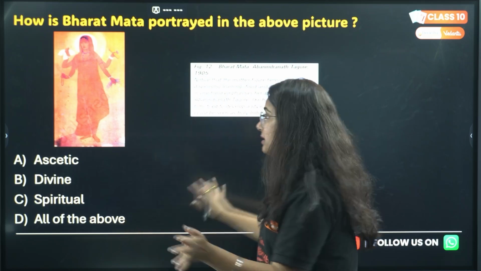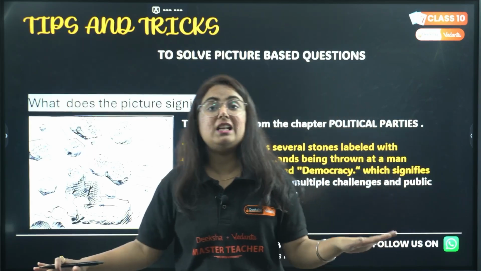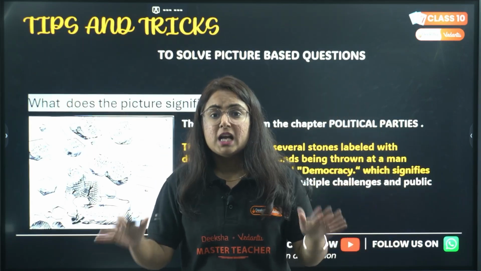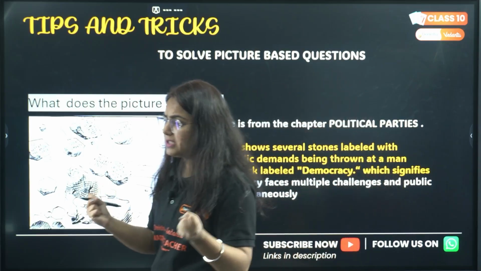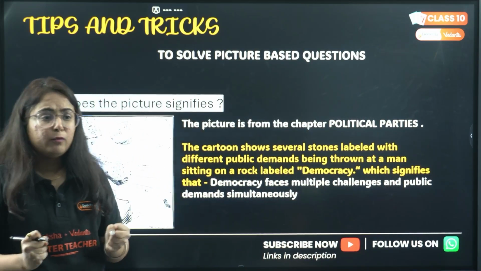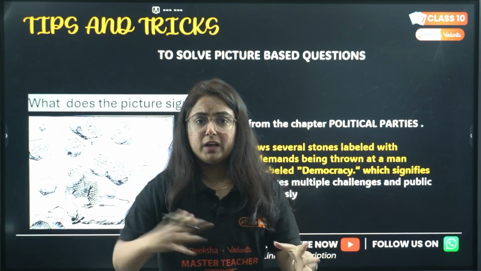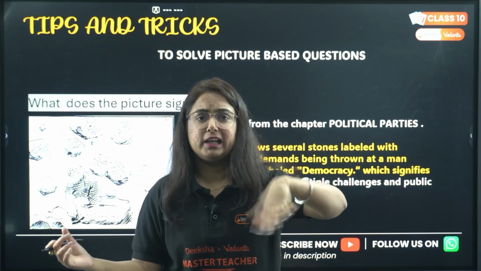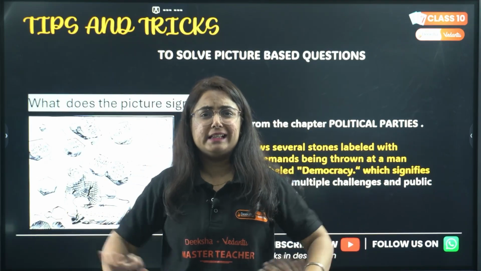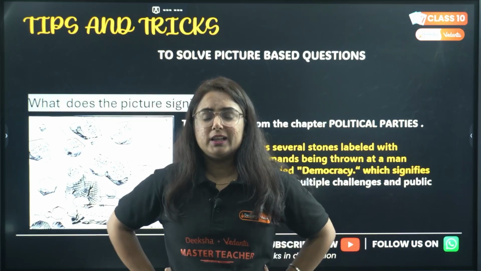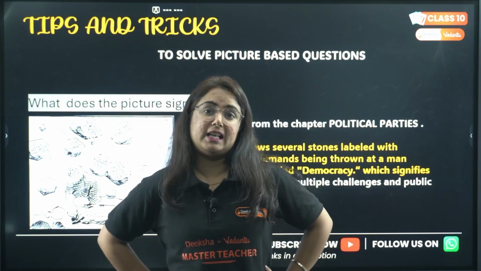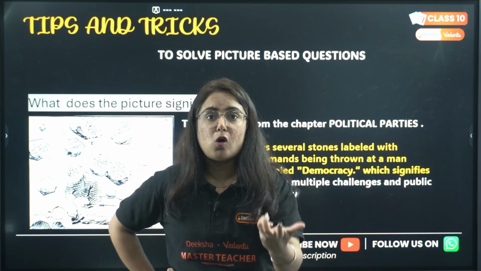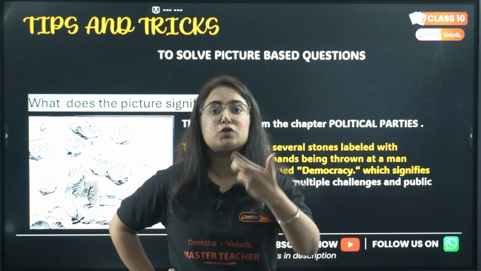Hope you guys have understood that, and we are moving to the last trick of the day. That is, what does the picture signify? It happens sometimes that as students we are just mugging up the books, reading the books and recalling them. We are basically doing rectification. But do you think that it works? No. In an SST subject, you should have an analysis basis also when you are studying the pictures or the book.